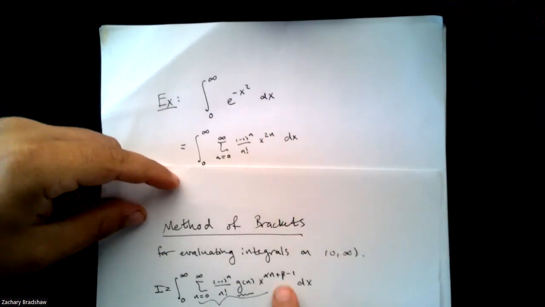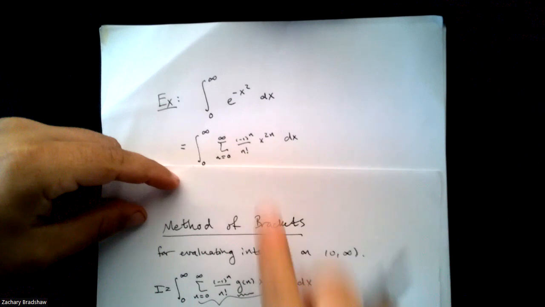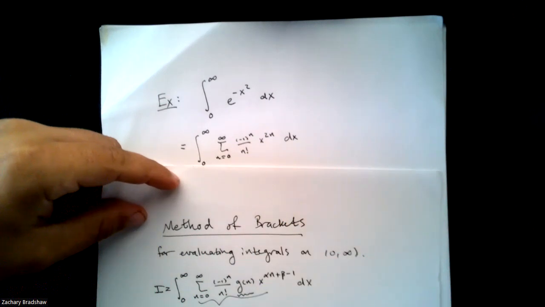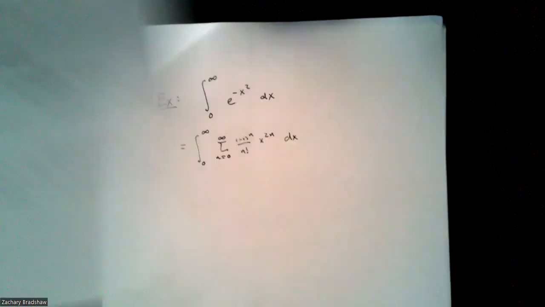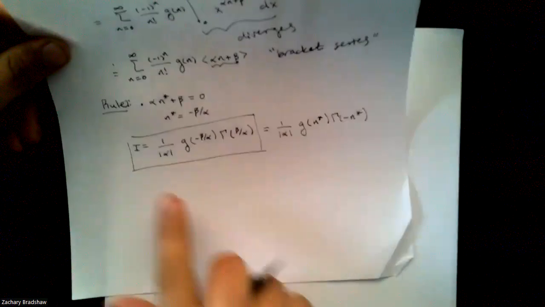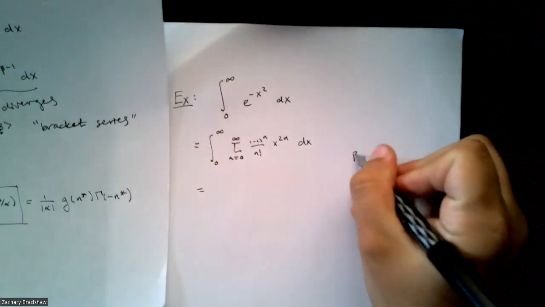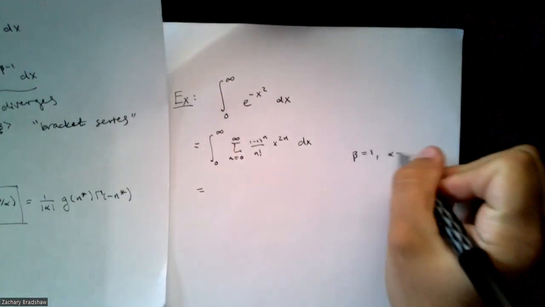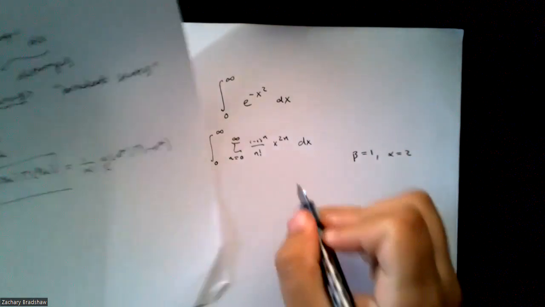So beta is 1 and alpha is 2, and the result of this integral should be given by our formula here.